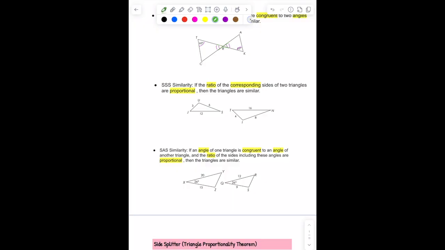So if I wanted to check that out over here, I could divide the side from one triangle over the corresponding side from the other triangle. So I just need to see what matches up. So I could divide 4 over 3, those match up. I could divide 8 over 6, those match up. And I could divide 16 over 12, those match up.